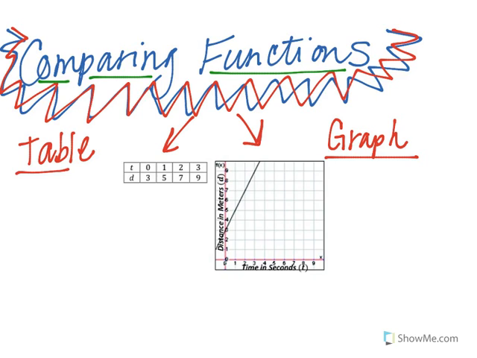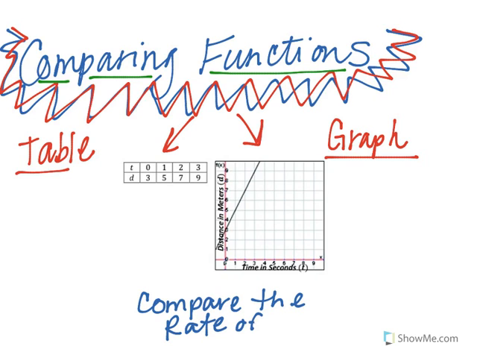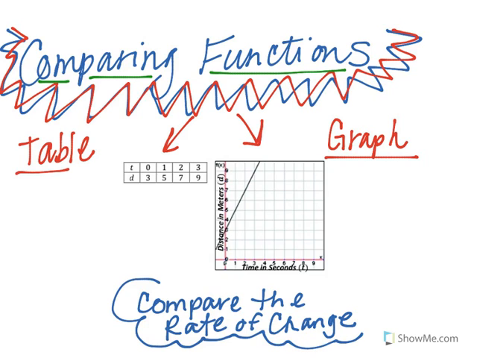When the question says to compare functions, you are really comparing the slope, okay? Because when you compare functions, you're comparing the rate of change, because it asks you what is greater. Or compare the slope.